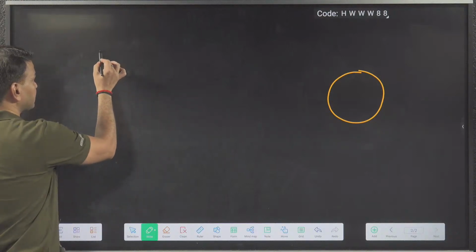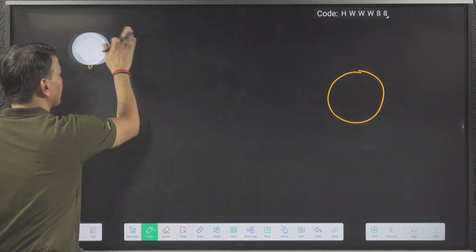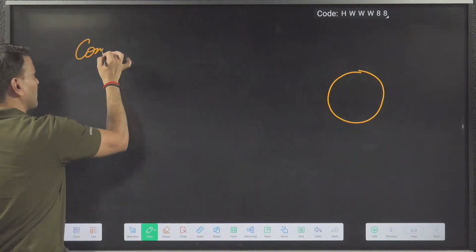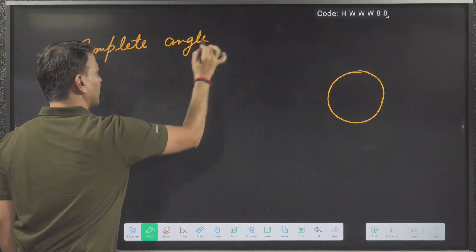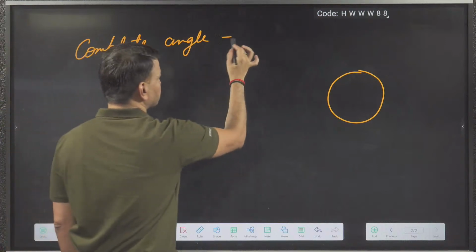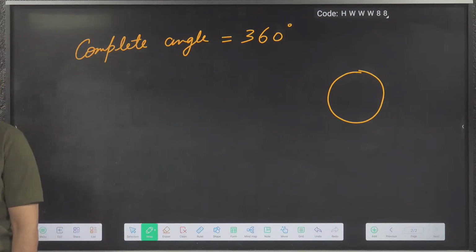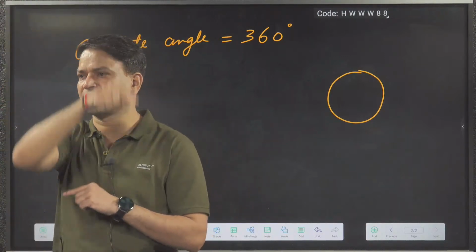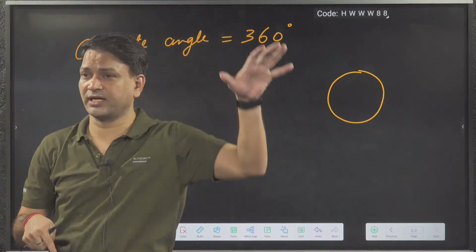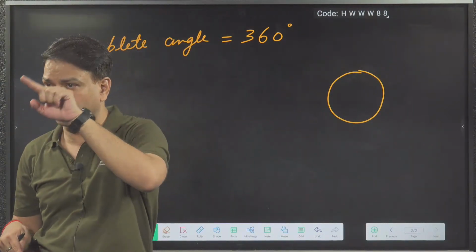So complete angle is 360 degree. Now complete angle means that is a circle, you can say. The arc is the whole circle. Means for a complete angle, the arc length you will take is the whole circle.